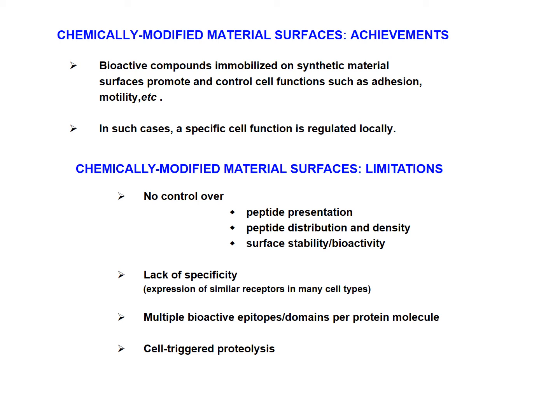Keep in mind that proteins and peptides are very sensitive chemical compounds, sensitive to conditions of their environment, such as pH, temperature, etc. For this reason, some of the chemical compounds which are produced by cells may cause denaturation, breaking down of the proteins and the peptides which researchers have immobilized on material surfaces.